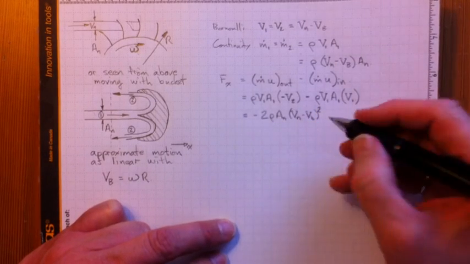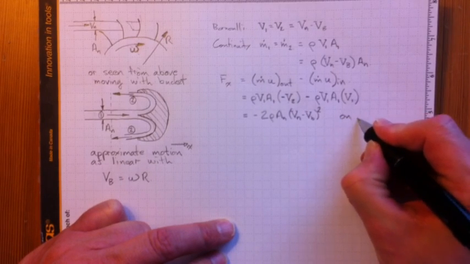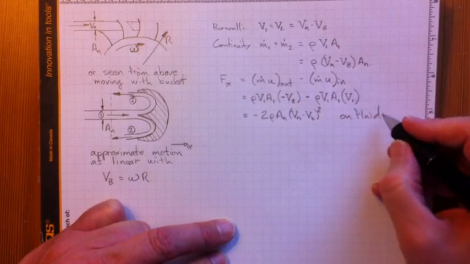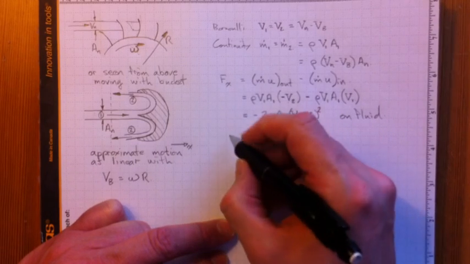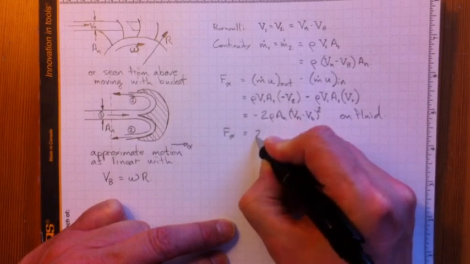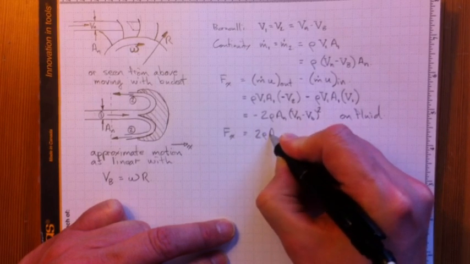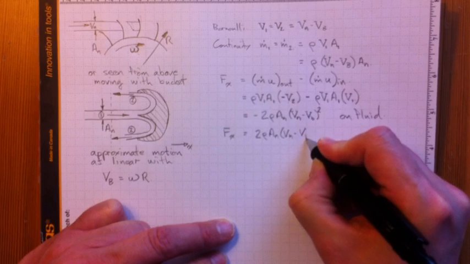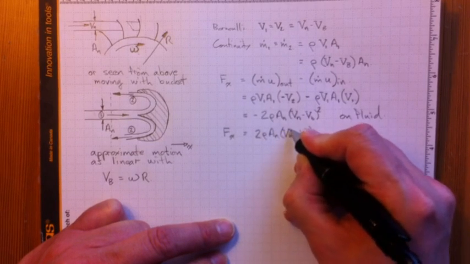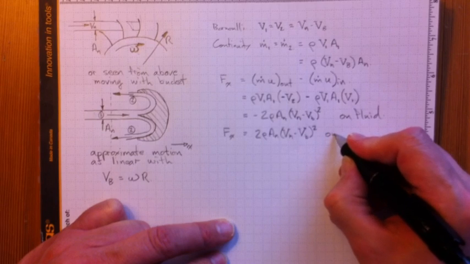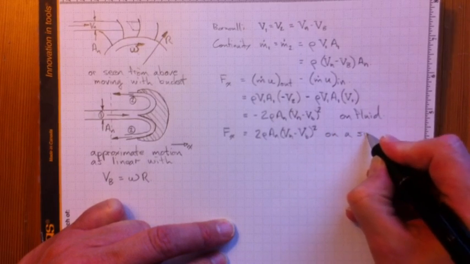And that's the force acting on the fluid. So it's negative, or Fx equals 2 rho An (Vn minus Vb) squared on a single blade.